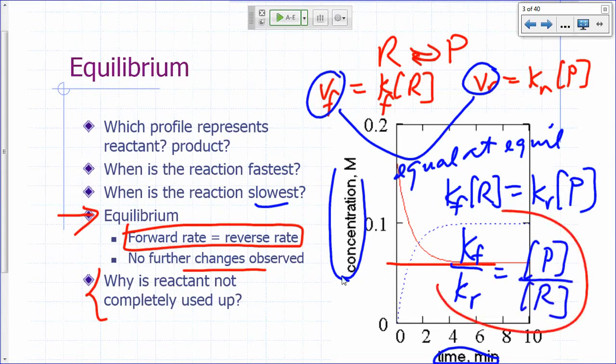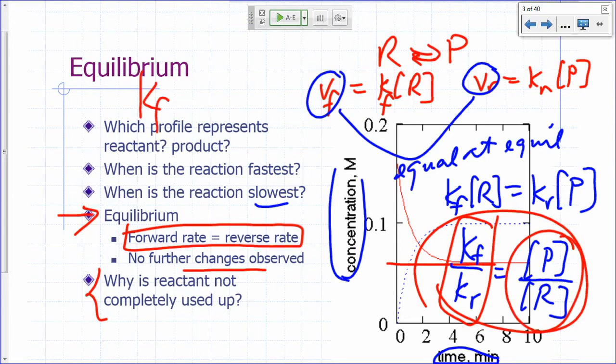So what would be the conditions that would lead to a predominance of product at equilibrium? If we want a lot of products at equilibrium, how would Kf and Kr be related? If you want this ratio to be really big, that means Kf is much, much larger than Kr, and then your reaction is essentially complete.